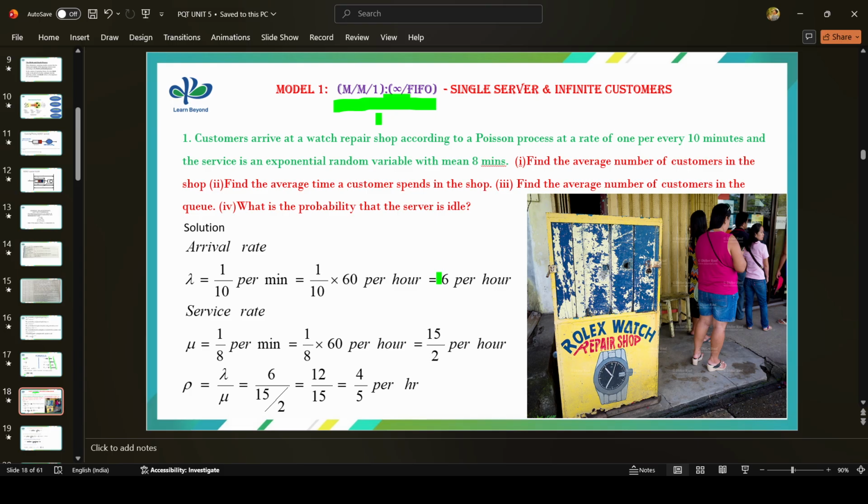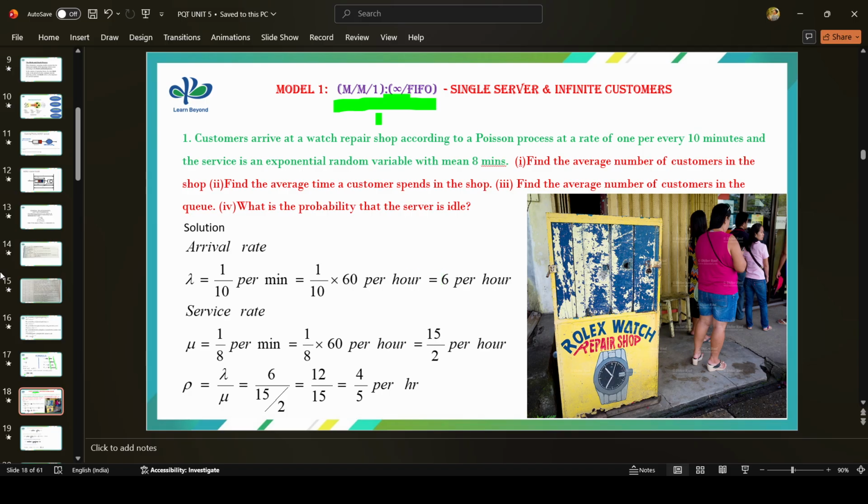Whenever you get a problem, split the problem into small parts so that we can easily identify the parameters. If you take the parameters correctly, then we can solve the problem very easily. Whenever the problem is given, first we have to check how many servers are there and how many customers are there.